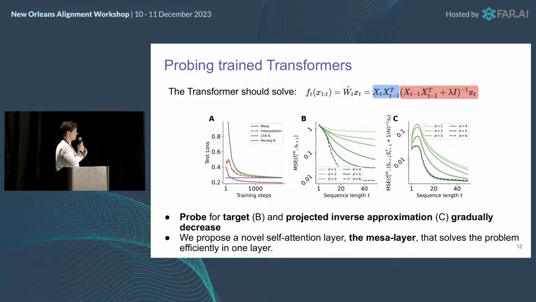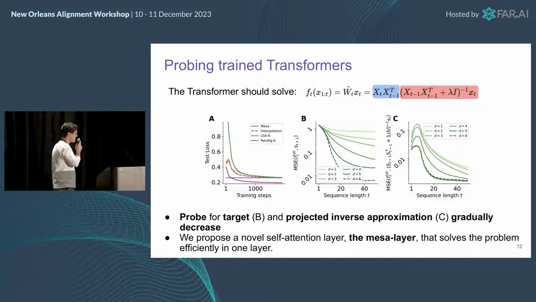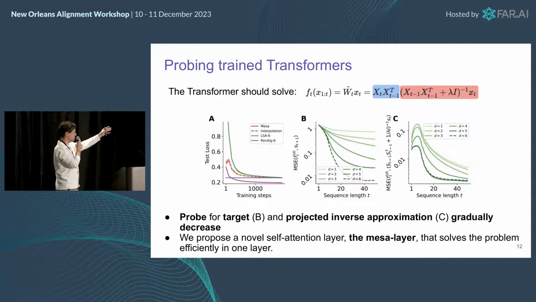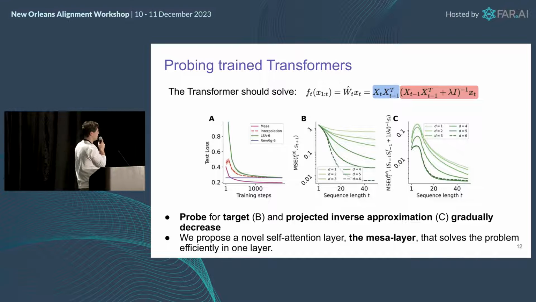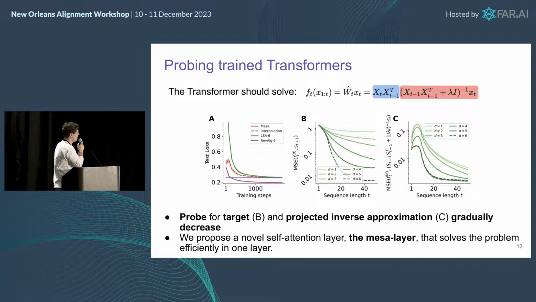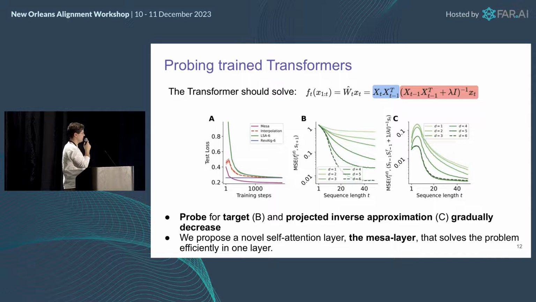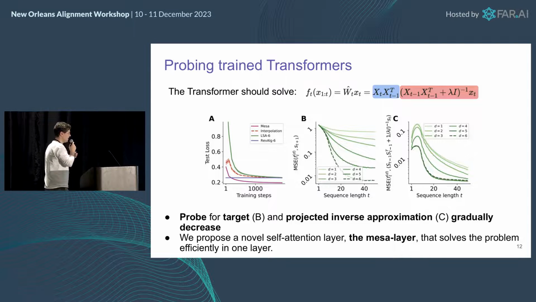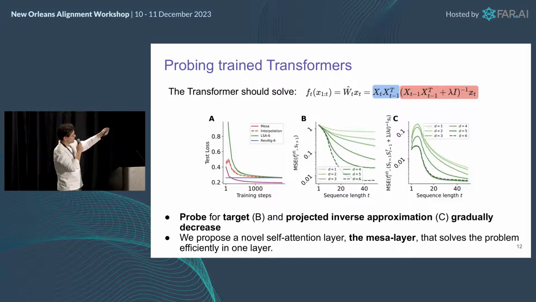Though this is a cherry-picked result, you get very nice probes. So in the B figure, you see that if you probe for the target, so what the transformer should predict at the end, you see these nice results over the layers. It's getting better and better over time, and you actually can probe for the red as well.